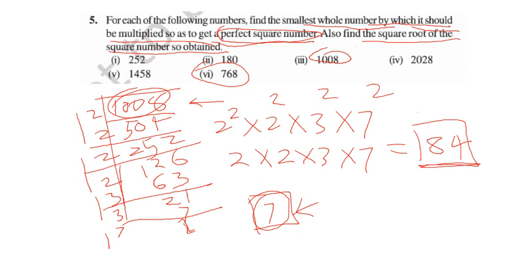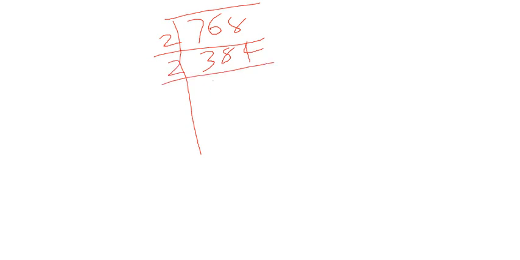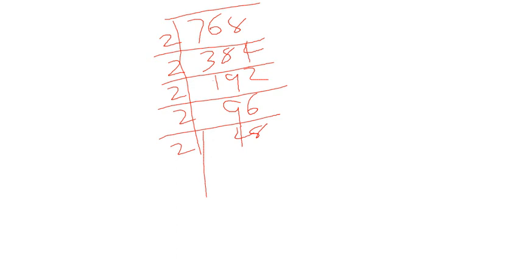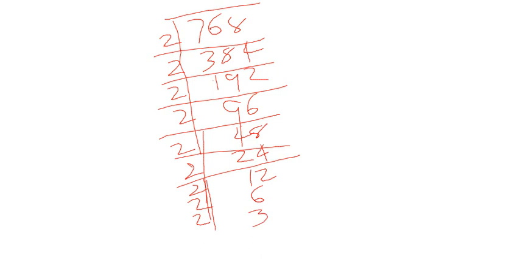If we do the prime factors of 768, you can divide by 2, it becomes 384, divide by 2 again, it becomes 192, divide by 2 again, 96, divide by 2 again, 48, divide by 2 again, 24, divide by 2 again, 12, divide by 2 again, 6, divide by 2 again, 3, and divide by 3, it becomes 1.